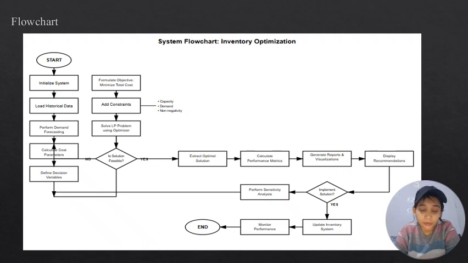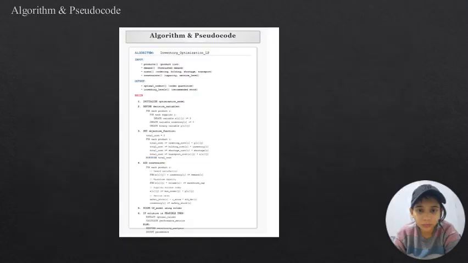If a feasible solution is found, the system extracts the optimal results, calculates the performance metrics, and generates reports and recommendations. Moreover, after sensitivity analysis, the solution is implemented and the inventory system is updated, followed by ongoing performance monitoring. That's all for this flowchart.